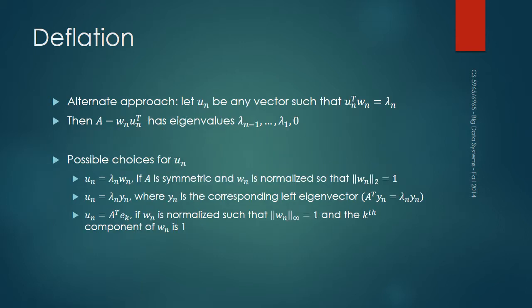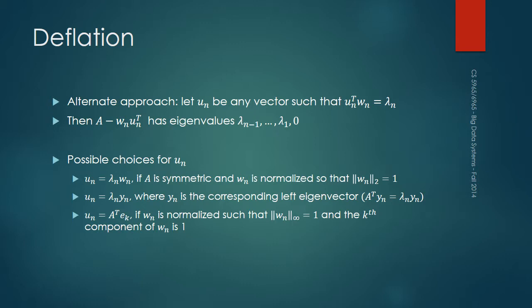There is another way to look at it, and maybe this is a simpler way to consider the same thing. Assume that you now define a vector un, which has this property, that un transpose with the eigenvector gives you the eigenvalue.